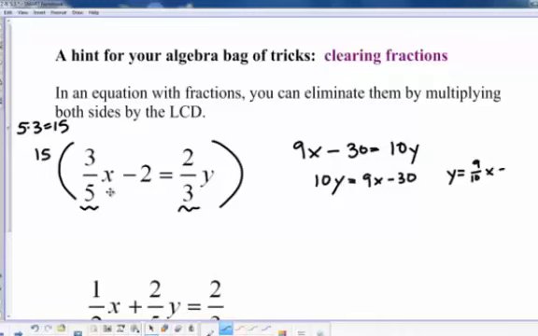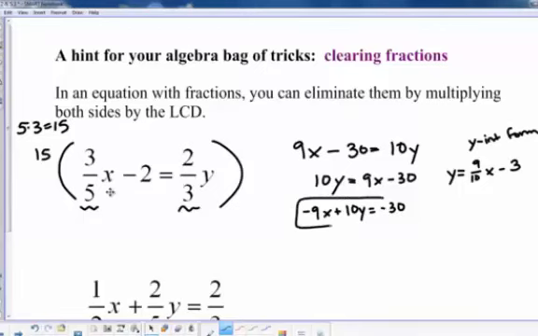And 30 over 10 is 3. And if we wanted it in standard form, this is y-intercept form, we could just bring this 9x back. So like negative 9x plus 10y equals negative 30.